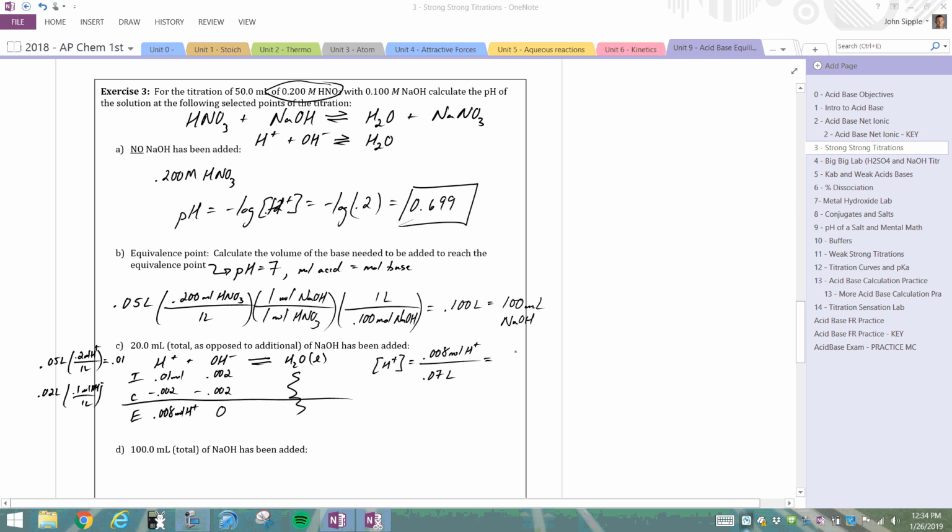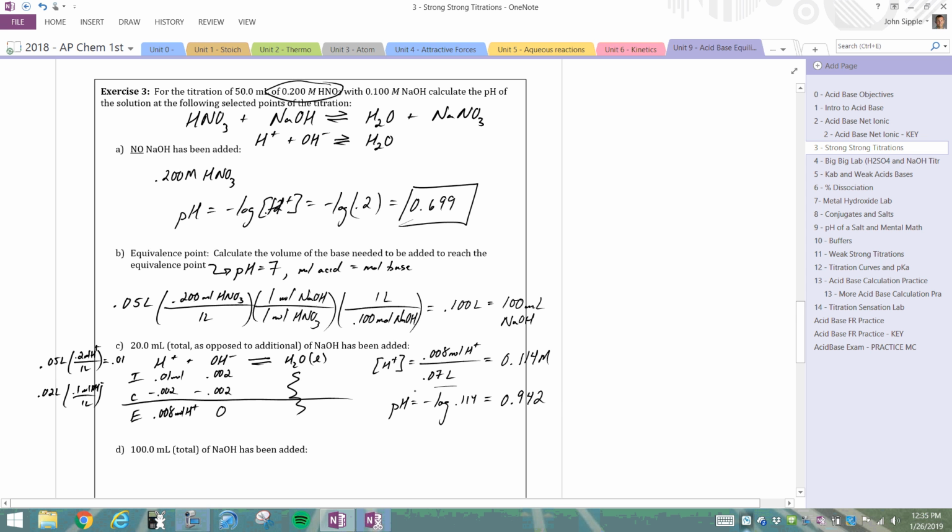So 0.08 divided by 7, we have a new concentration of 0.114 molar for H plus. So pH is equal to minus the log of the concentration of H plus, which is minus the log of 0.114. Our pH is now 0.942.